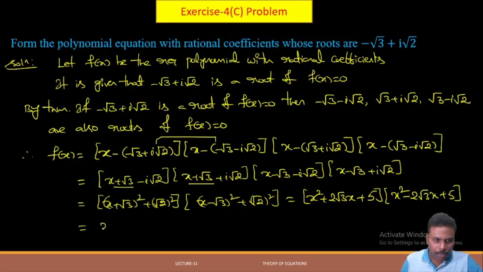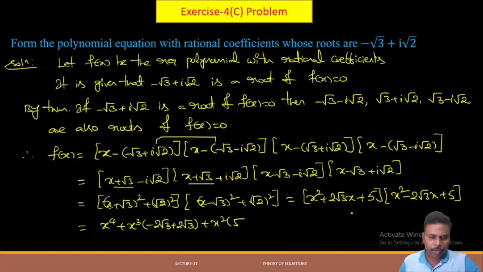Now if I multiply, this becomes x to the power 4 plus x cube into minus 2 root 3 plus 2 root 3, plus x square into 5, 2 root 3 into minus 2 root 3, that is minus 4 into 3, that is minus 12, plus 5, plus x coefficient: 2 root 3 into 5, that is 10 root 3, and 5 into minus 2 root 3, so this is minus 10 root 3, plus 25.